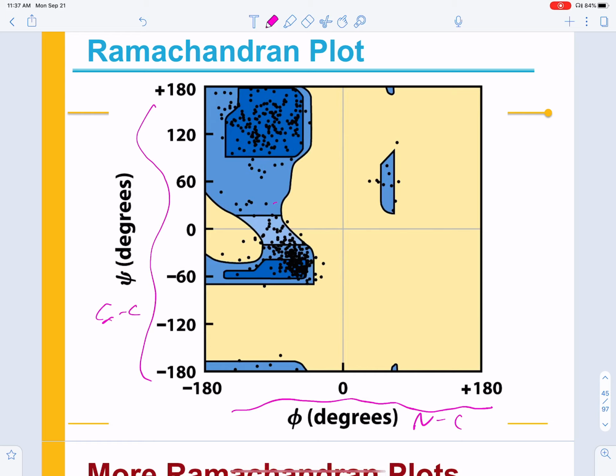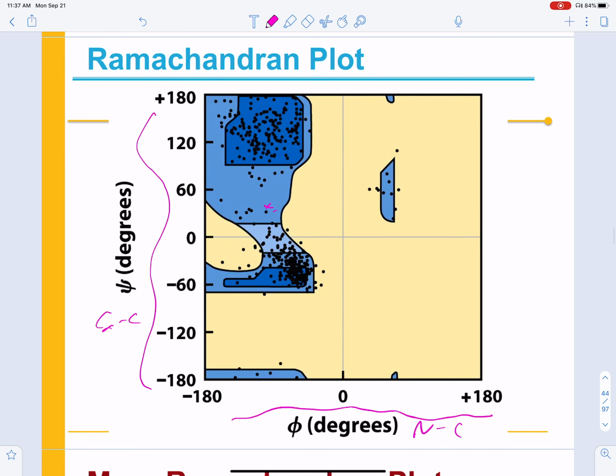Each of these dots represents the phi and psi for one particular residue within that polypeptide chain. And I'm just making this up, but let's say this is an alanine, this is the observed angle of phi and psi for that one. Let's say this is a cysteine, observed angle of phi and psi, and so forth.